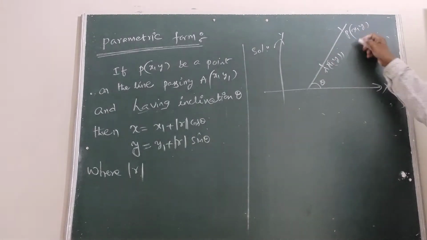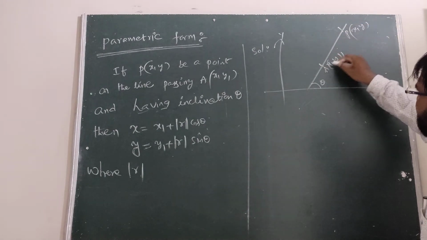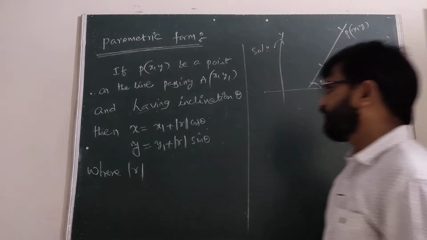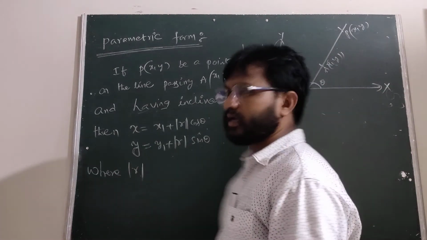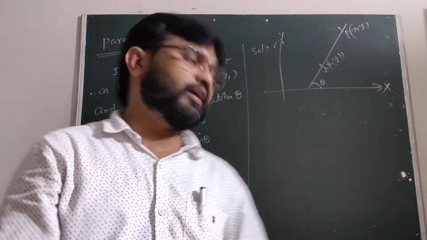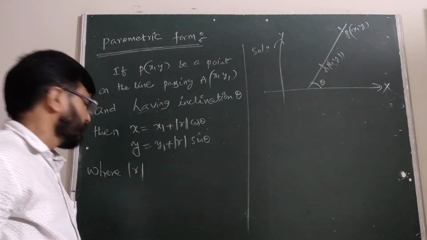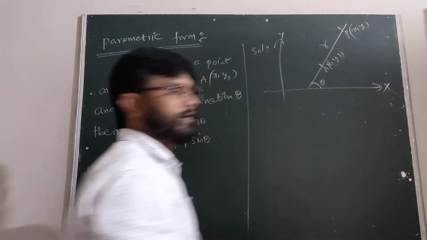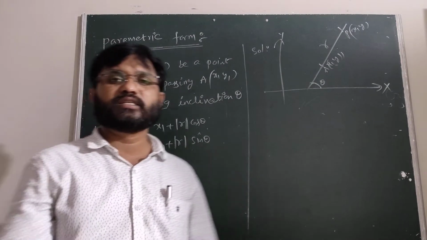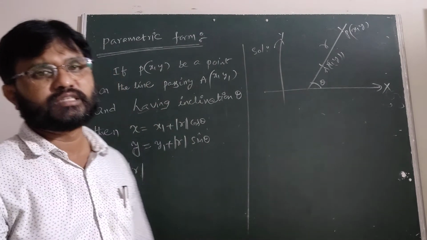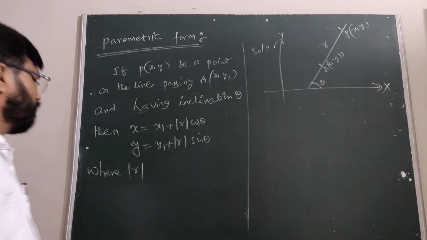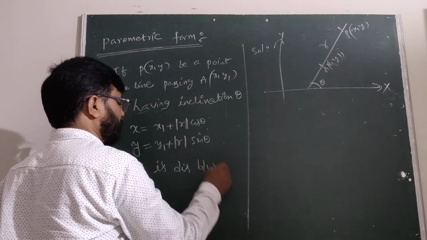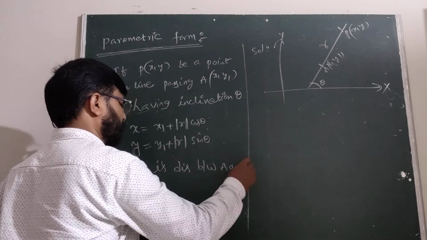If P(x, y) is a point on the line passing through (x1, y1) having inclination theta, then the parametric form is x equals x1 plus mod r cos theta, y equals y1 plus mod r sin theta. We take mod r because the distance is always positive. Mod r is the distance between A and P.